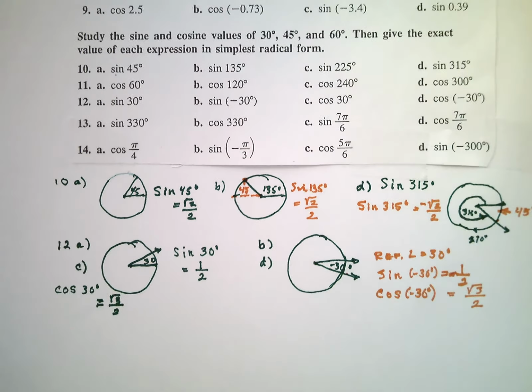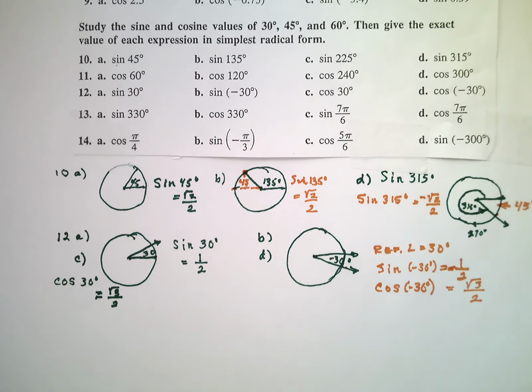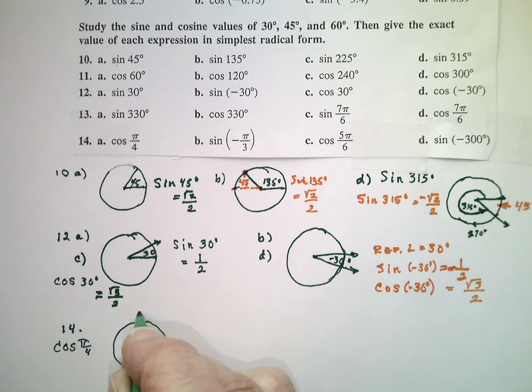We've been sort of messing with degrees because that's the easiest for most people. But number 14. They want the cosine of pi over 4. Well, pi over 2 is up here.